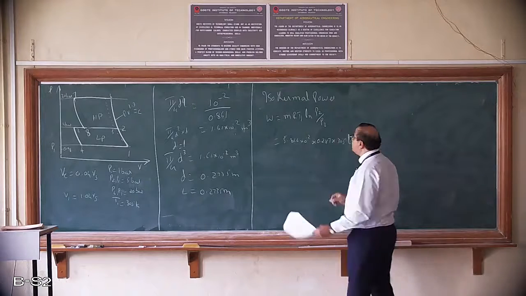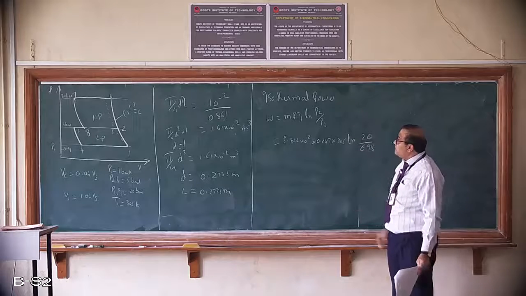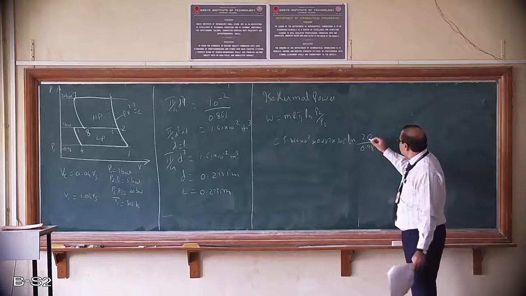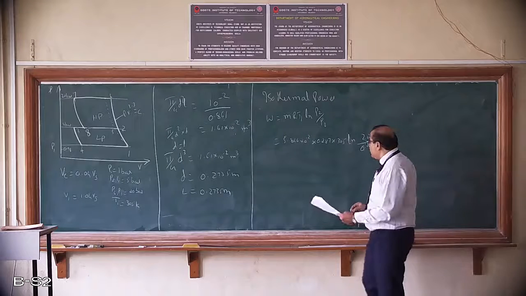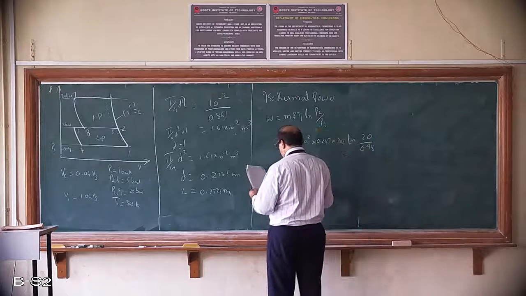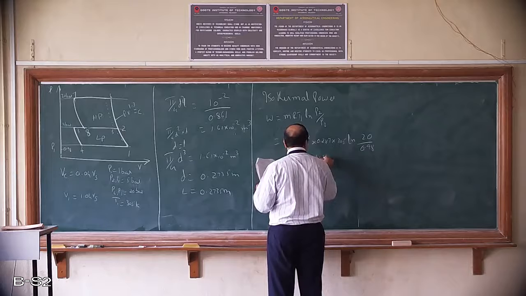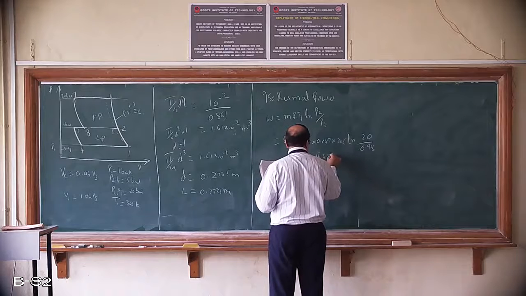Here we need to consider that as 1 and 2. So delivery pressure as 20 and intake pressure as 0.98. So this will be 15.433 kilowatts.